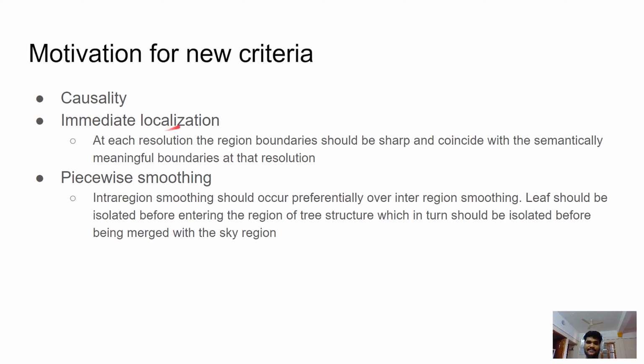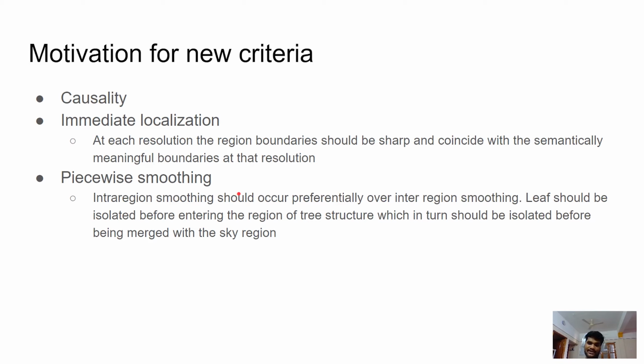The first one is immediate localization, and the second one, piecewise smoothing. Immediate localization means at each resolution, the region boundary should be sharp and coincide with the semantically meaningful boundaries at that resolution. Now, at each resolution here means at each time frame, as we keep on iteratively applying the equation, we want the region boundary to be sharp and coincide with the semantically meaningful boundaries at that resolution.